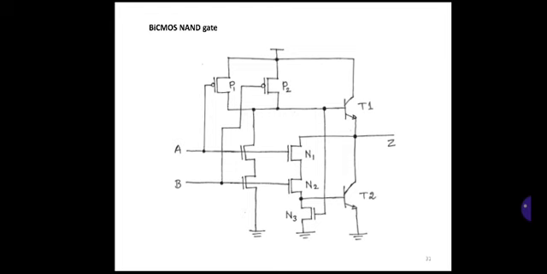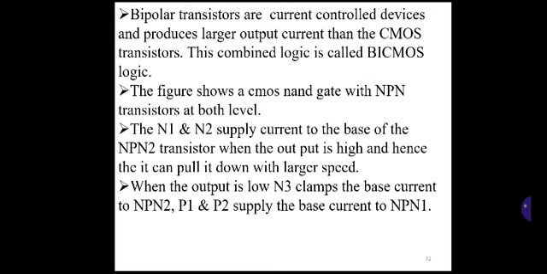So how does this BiCMOS NAND gate work? Here bipolar transistors are current controlled devices. As we know, FET is a voltage controlled device, whereas BJT is a current controlled device, that is, output current is controlled by an input current.